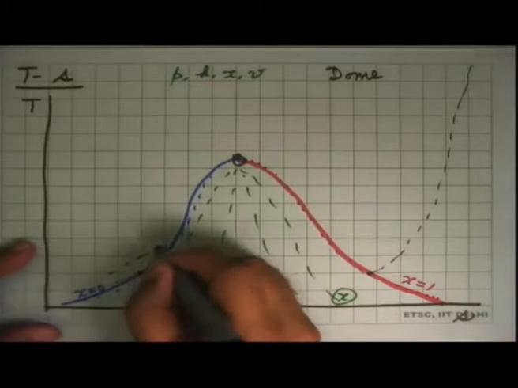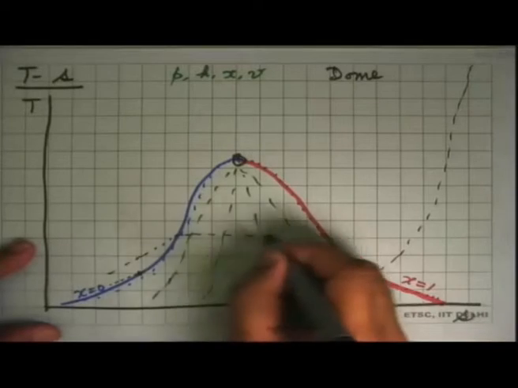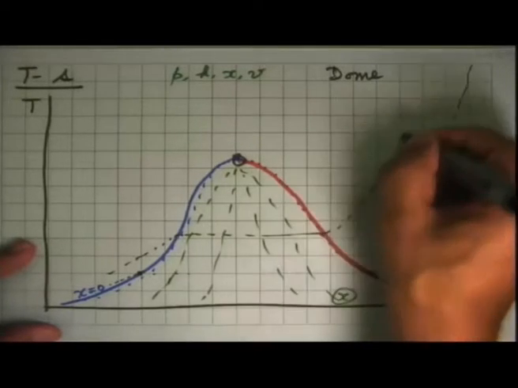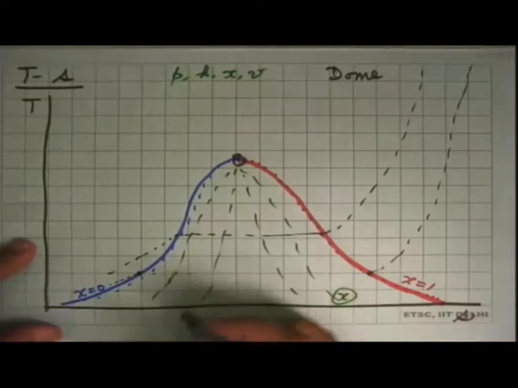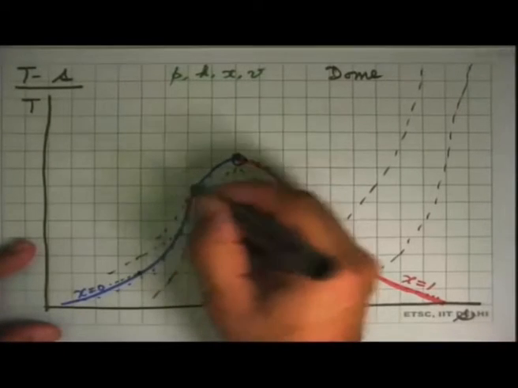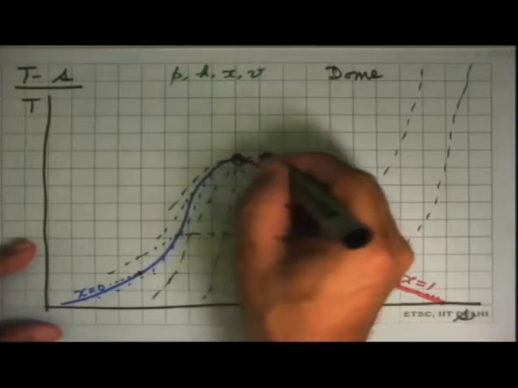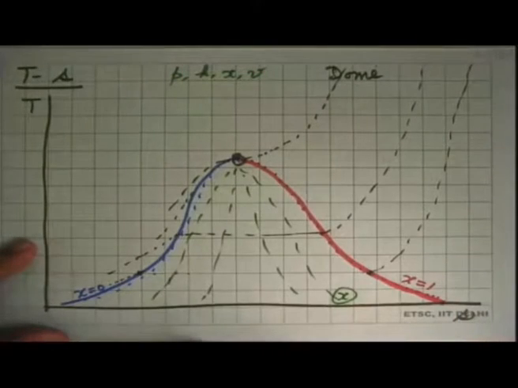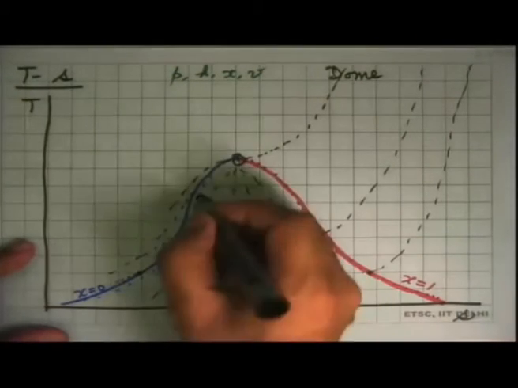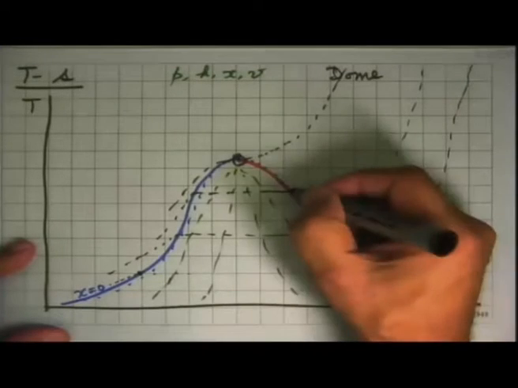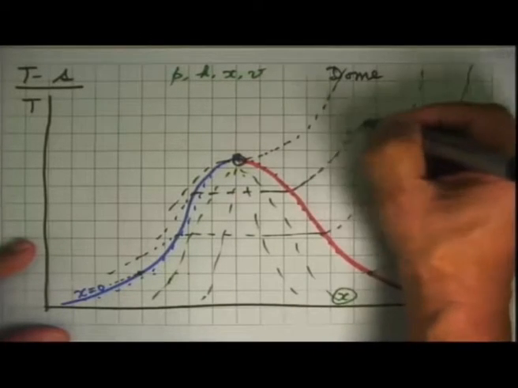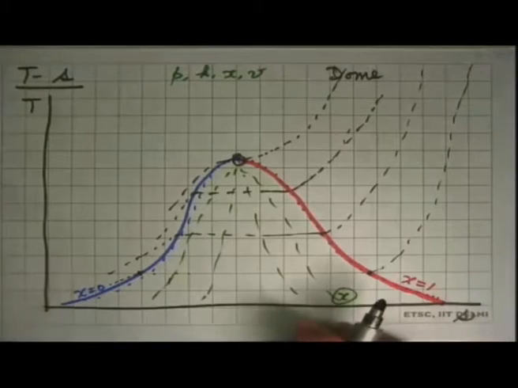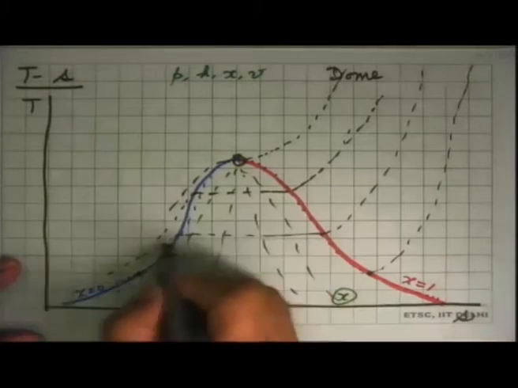Then we come to another point there, and then again it starts to go up. At even higher pressures we come there, and finally at the critical pressure we get this critical isobar. So at pressures below the critical pressure and temperatures below the critical temperature, we see the phase change taking place.